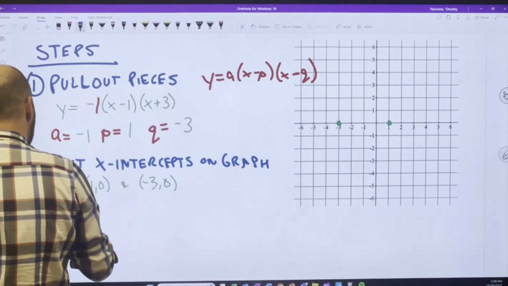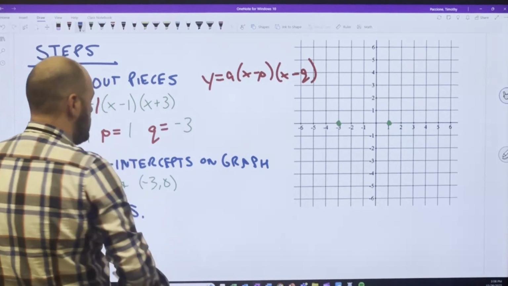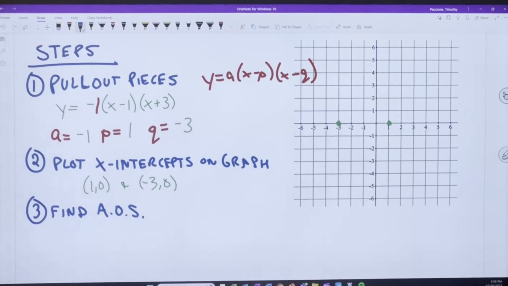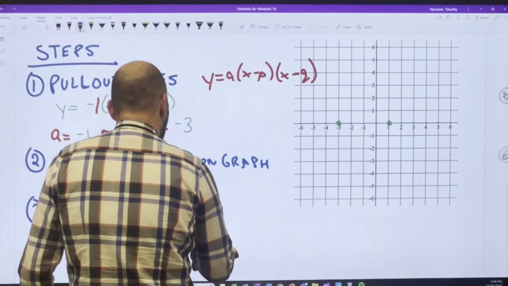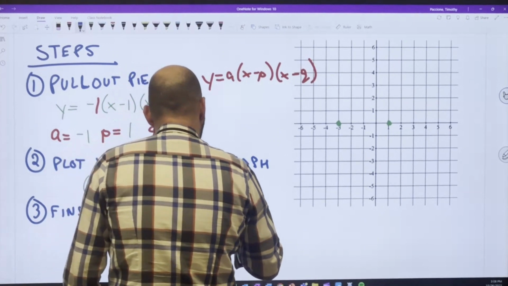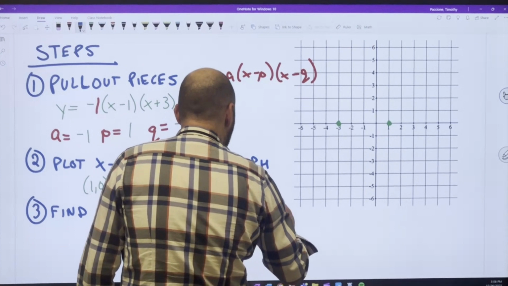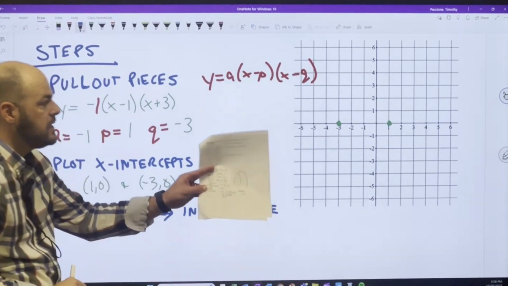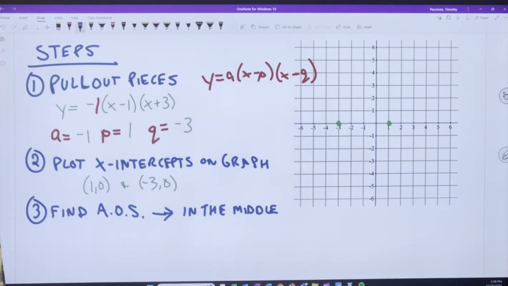Step 3 is we find our axis of symmetry. There are 2 ways to do that. Anybody remember where the axis of symmetry was? It's right in the middle. So you can find that by looking at your graph and asking, what's in the middle of negative 3 and 1?